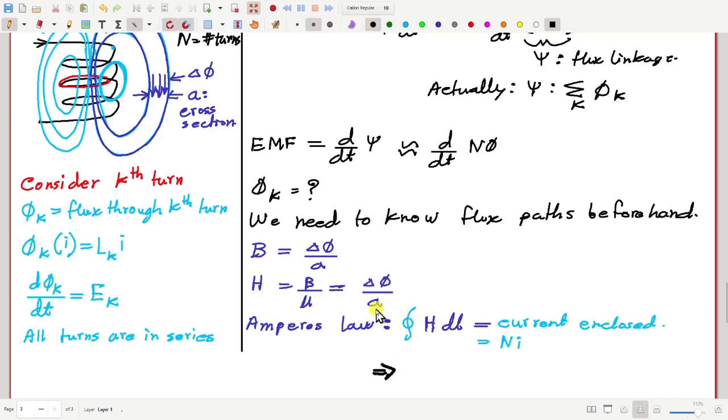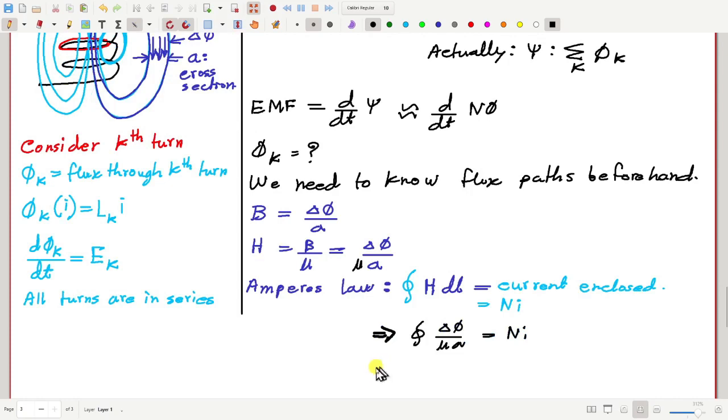Then from here we can write H is equal to delta phi by mu A. I missed mu here, sorry. So integration of delta phi by mu A is equal to Ni.